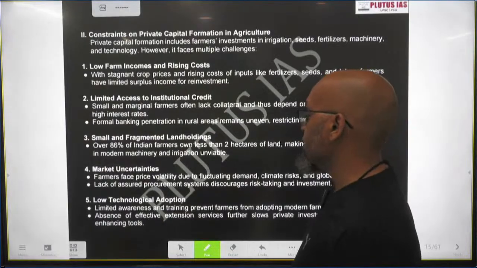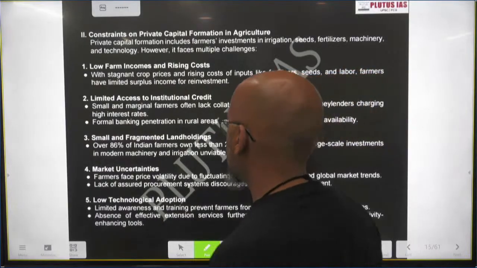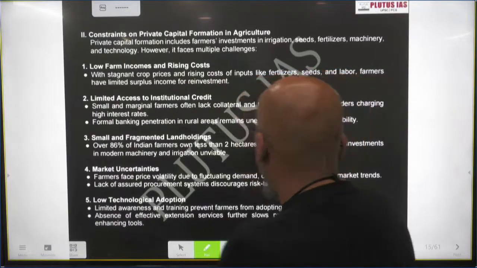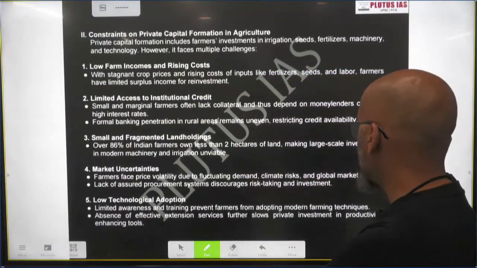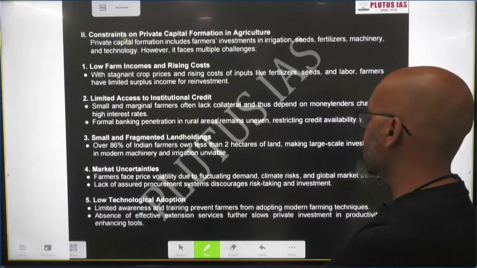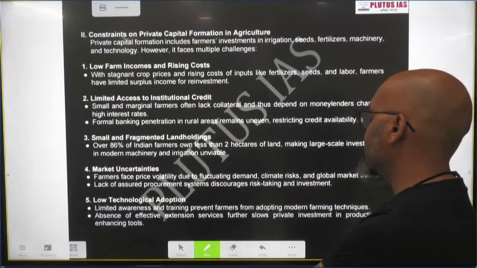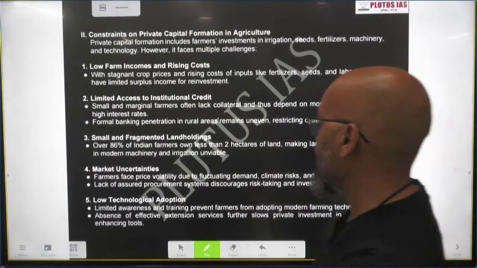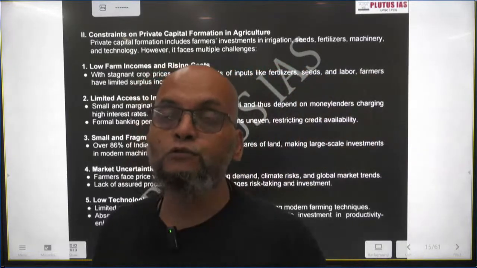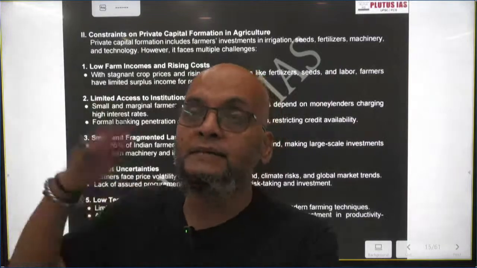Market uncertainties. Farmers face price volatility due to fluctuating demand, climate risk, and global market trends. Lack of assured procurement system discourages risk taking and investment. Okay. So again, in market, the demand of the produce that farmers are producing, it is fluctuating.